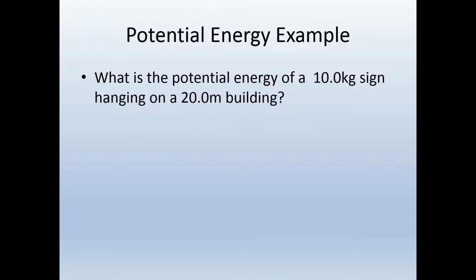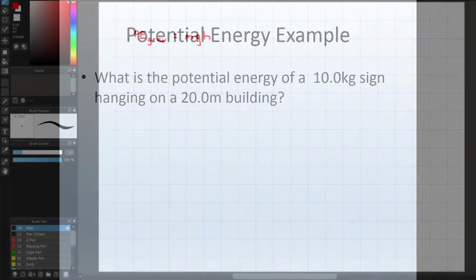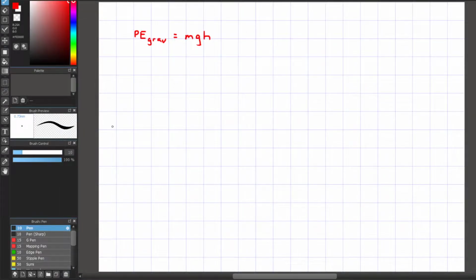Let's move on to an example. What is the potential energy of a 10.0 kilogram sign hanging on a 20.0 meter building? Let's start by identifying what we know. The mass is 10.0 kilograms, the height is 20.0 meters, and gravity is 9.8 meters per second squared.